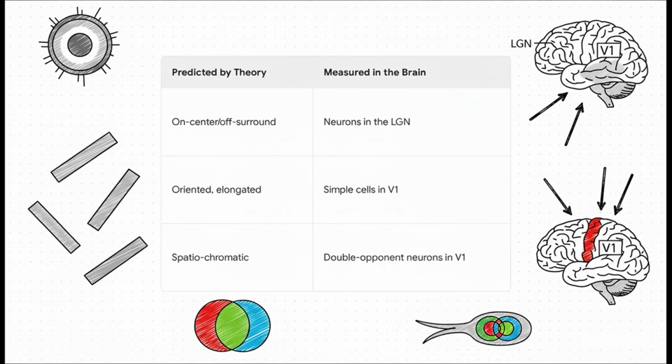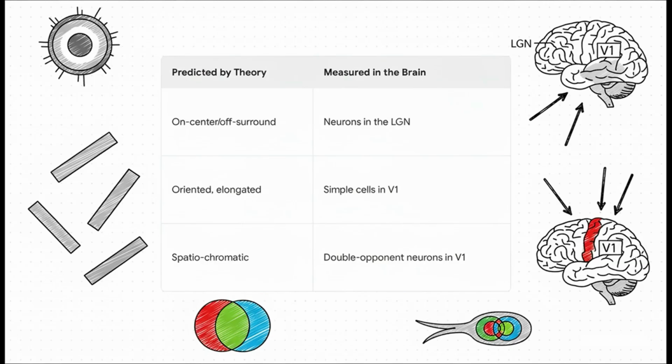Just look at this. The theory predicts simple circular receptive fields that are excited by light in the center and inhibited by light in the surround. That's exactly what neuroscientists find in a part of the brain called the LGN, the first big relay station for vision.